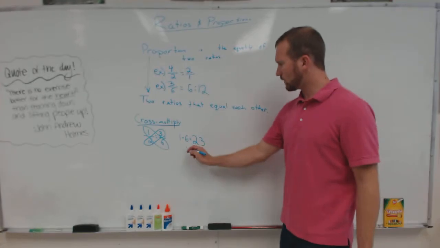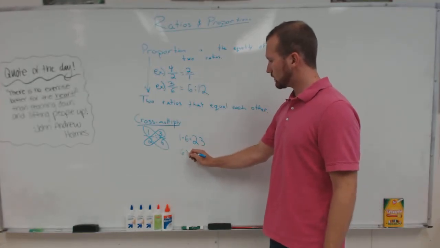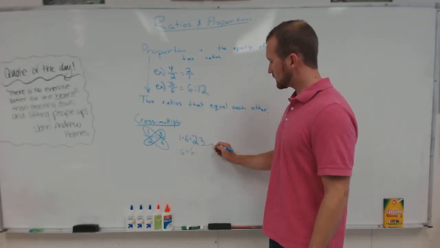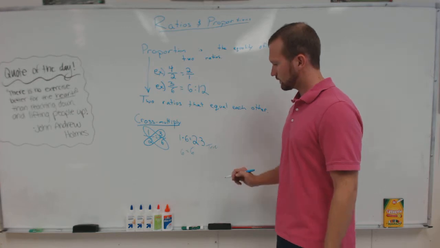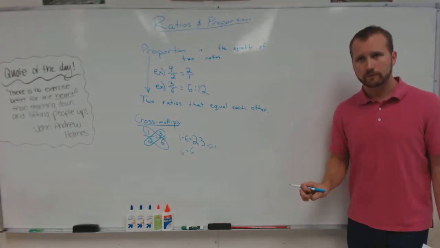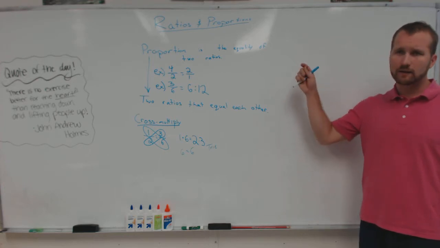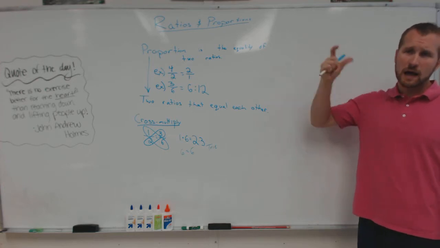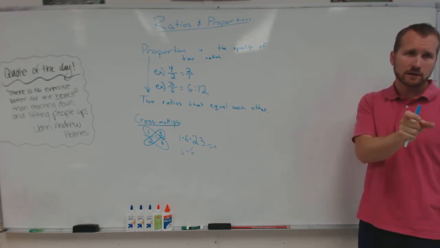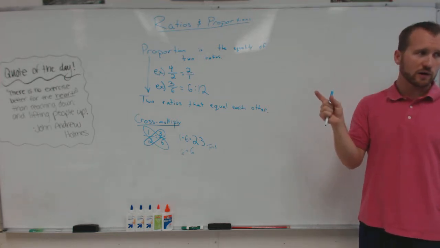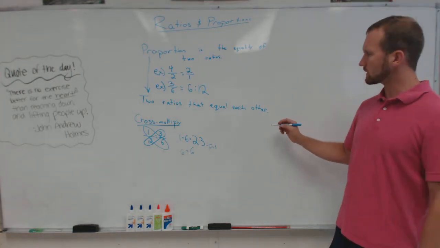And then if we simplify this, 6 equals 6, and we could say this is true. So that's what cross multiplying means: taking the numerator times the opposite denominator and the denominator times the opposite numerator. Let's do some examples of that.